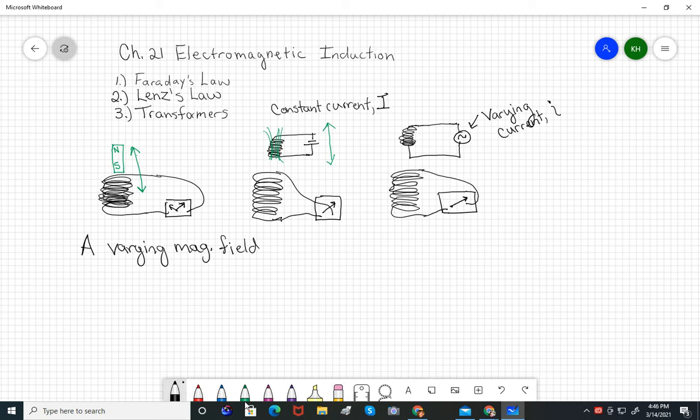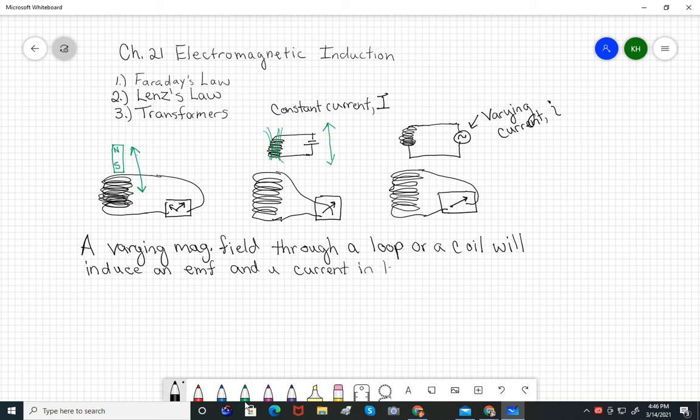So a varying magnetic field through a loop, if you just have one, or a coil, will induce an EMF that's like a battery and a current in the loop or coil.